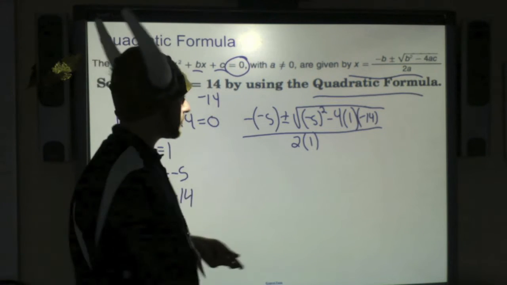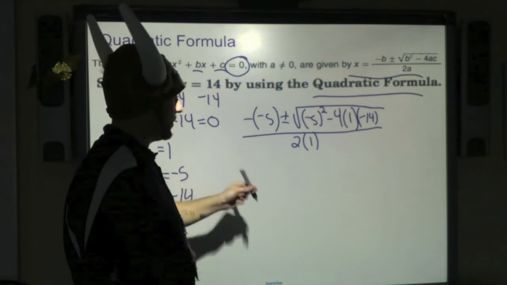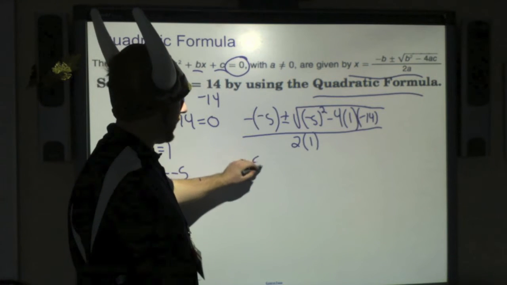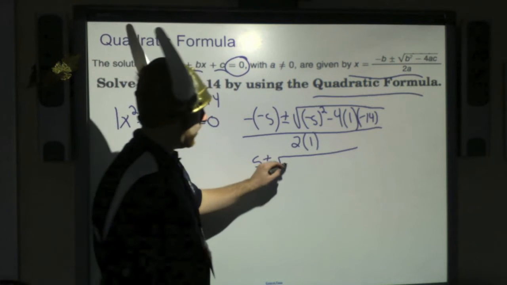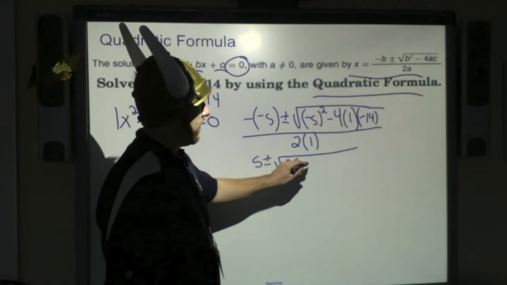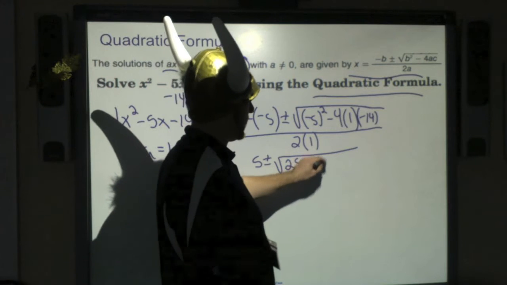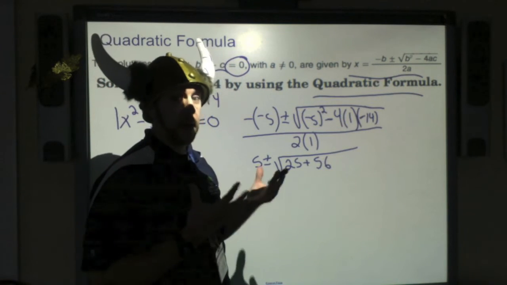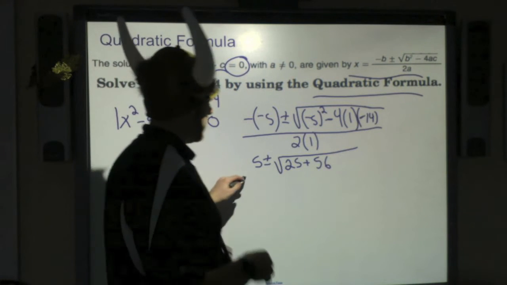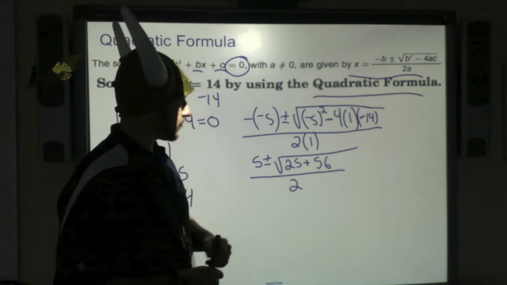Now I just reduce. Negative 5 times negative 1 is 5, plus or minus the square root of 25 plus 56, because there's a minus and a negative, that becomes a plus, all over 2.